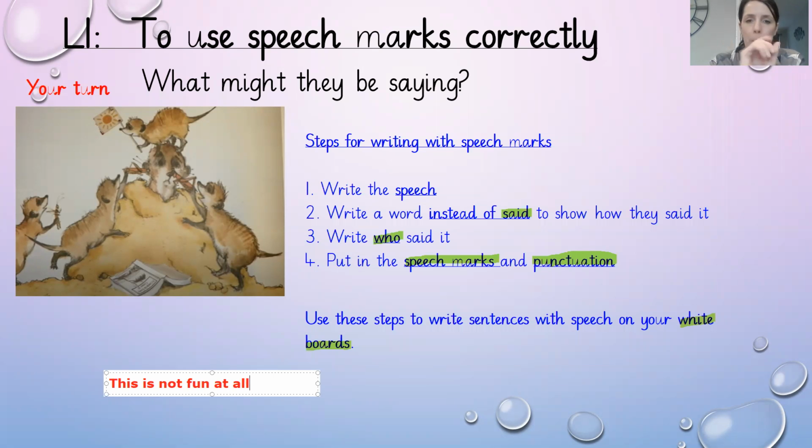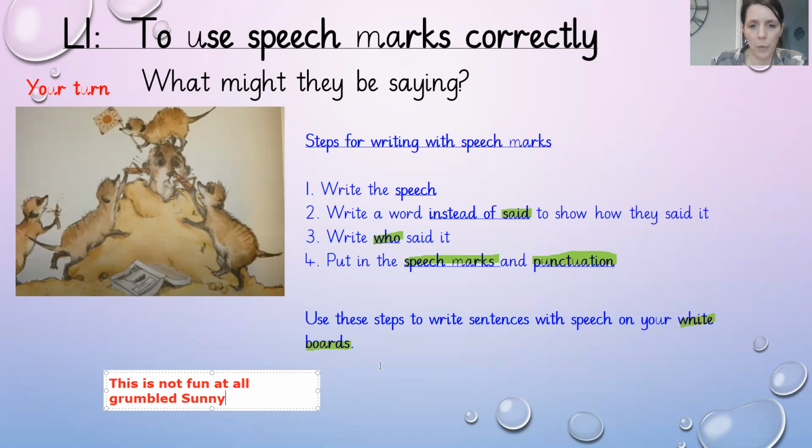Number 2, we write a word instead of said to show how they said it. Well, I think he's going to be saying it like this. This is not fun at all. And it's like he's grumbling it. So I'm going to say grumbled. Grumbled Sunny. So number 3 is who said it? Sunny said it. This is not fun at all, grumbled Sunny.